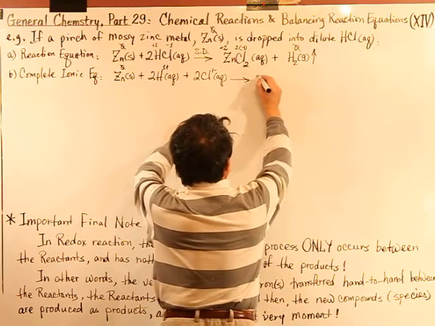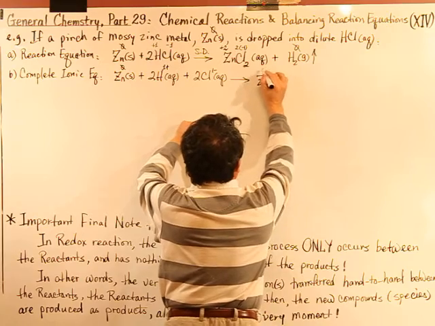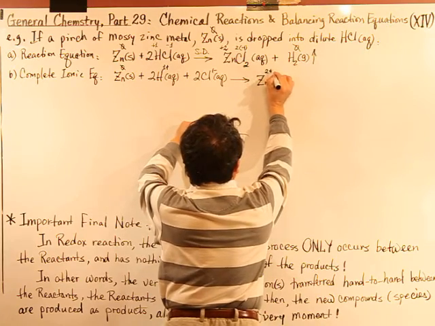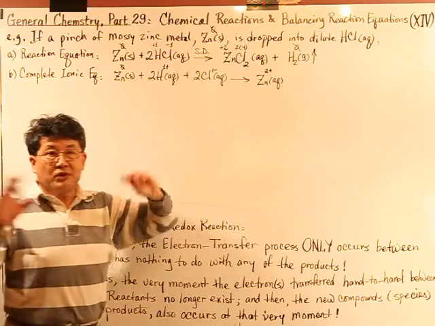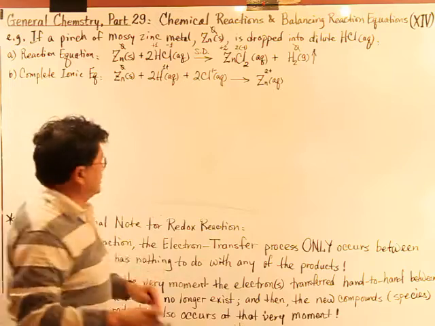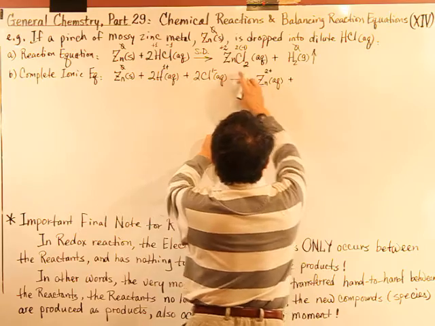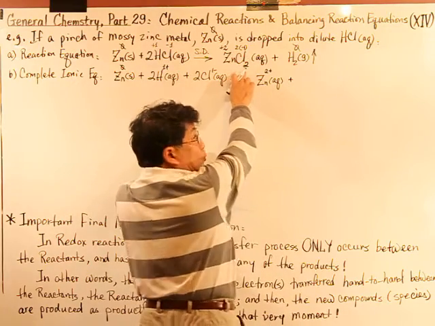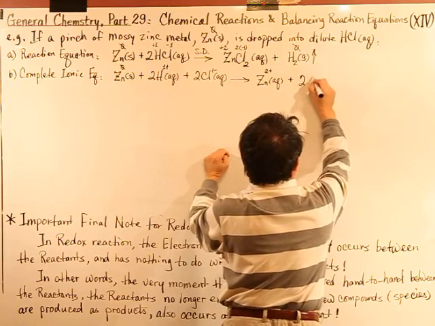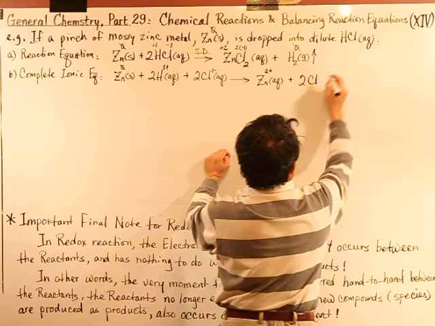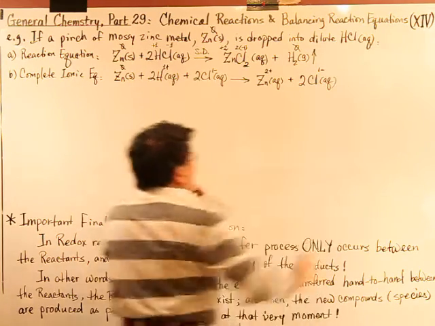So zinc is going to be in aqueous solution with a 2 plus charge as a cation, not plus 2. Plus 2 is an oxidation state. When they dissociate into a cation, we say 2 plus, not plus 2, right? Then you have chloride, how many? Subscript, don't forget, so you have 2 chloride, 1 minus each, and its physical state is aqueous.